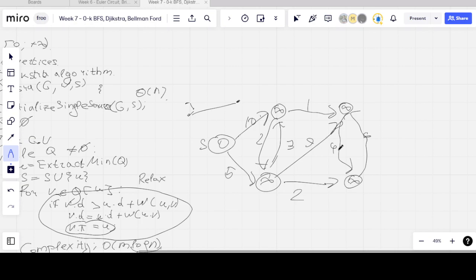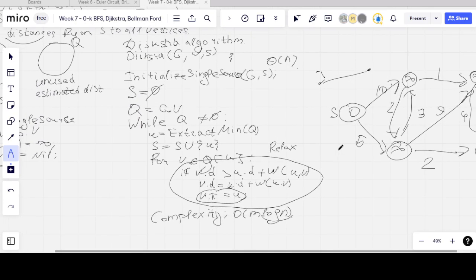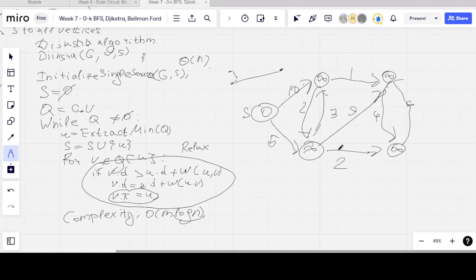We do initialization with the initialize single source function, and we get this graph.